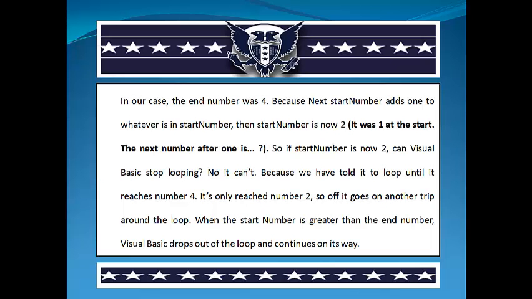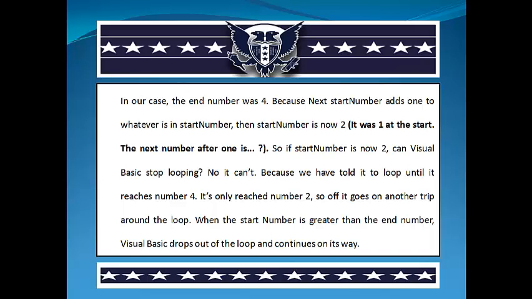In your case, the end number was 4. Next start number adds 1 to whatever is in start number. Then start number is now 2. It was 1 at the start. The next number after 1 is what?